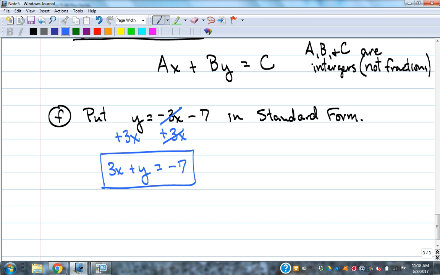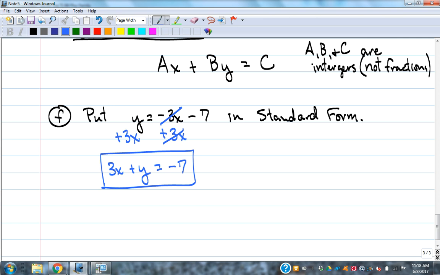Okay? So just get x and y on the same side in order. X, then y equals a number. That's standard form. Okay? Make sure there are not any fractions. Also, make sure nobody can be divided by the same thing. Like, if it's in slope-intercept form, it won't be that anyway.